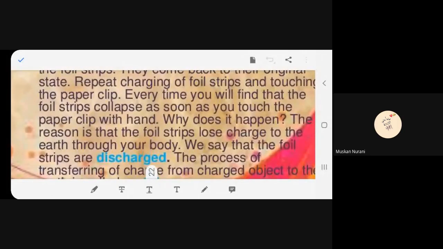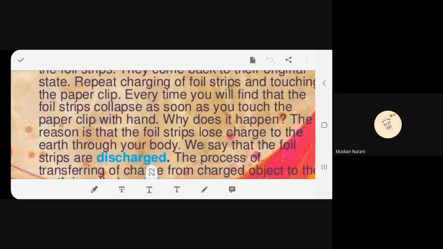So the charge goes to the earth, and it comes back to its original position. But as soon as you touch one end of the paper clip with the charged refill, they will go away from each other.